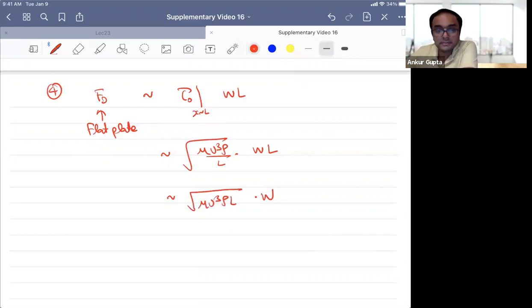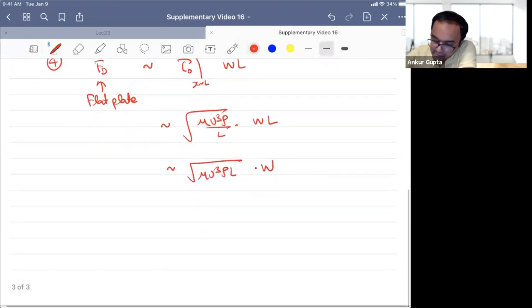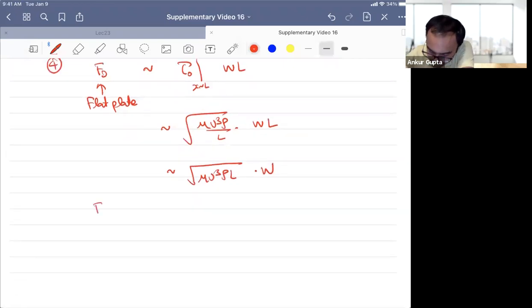Again, we did not derive this exact result in scales in class, but we did derive the non-dimensional version, which is the drag coefficient. And again, I'm not taking care of the factors, the rho u square by 2, we'll just be interested in the scales.